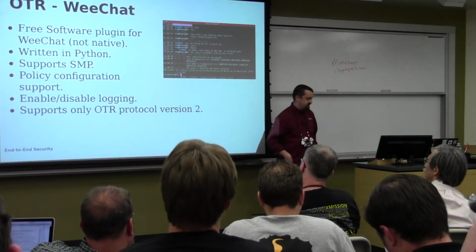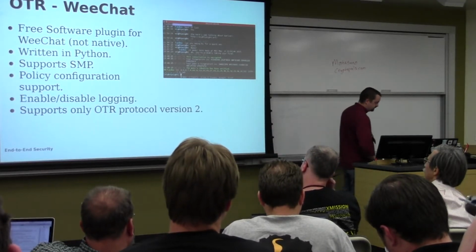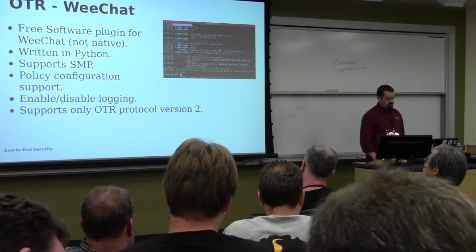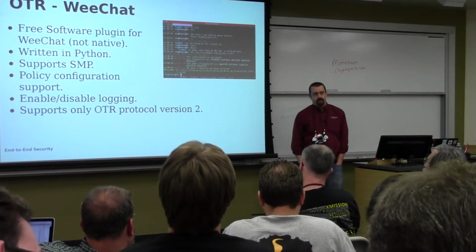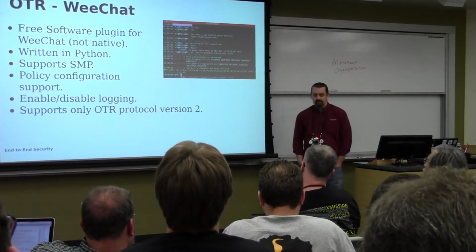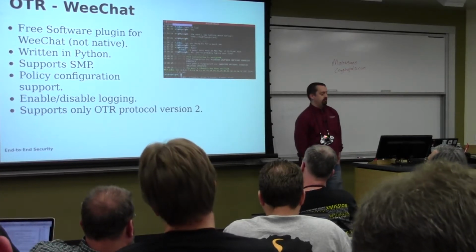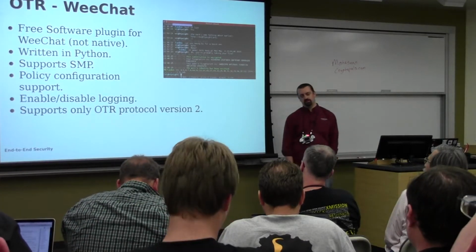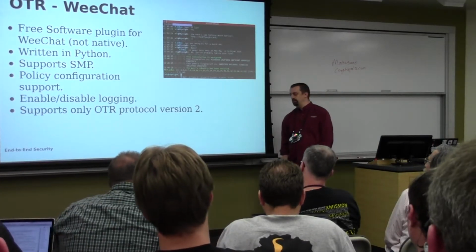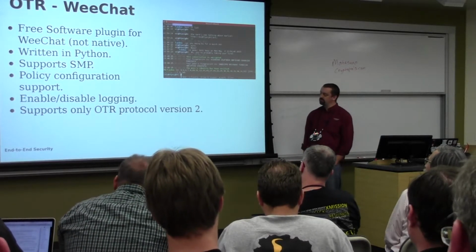However, it only supports OTR protocol version 2. And OTR protocol version 4 was just recently released. So I'm not going to say it's a bad thing. It's certainly not insecure, but there might be some performance improvements that you would see in version 4 over 2. Maybe some better state handling and so forth.